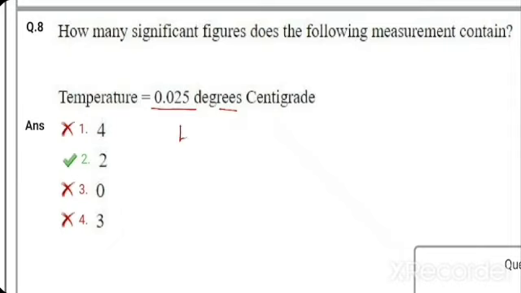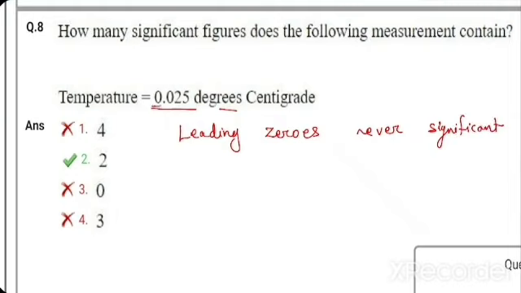Here the 0 and 0 are leading zeros in this 0.025 degrees centigrade. So the only significant figures are 2 and 5. So option number 2, that is 2, is our correct answer.